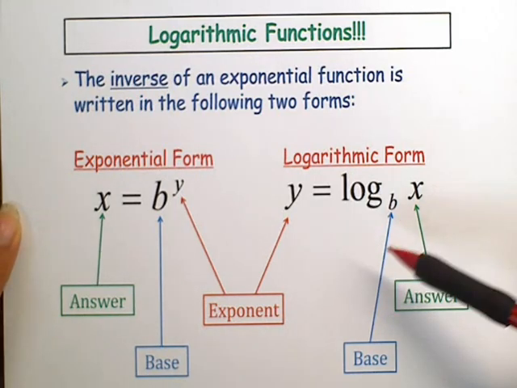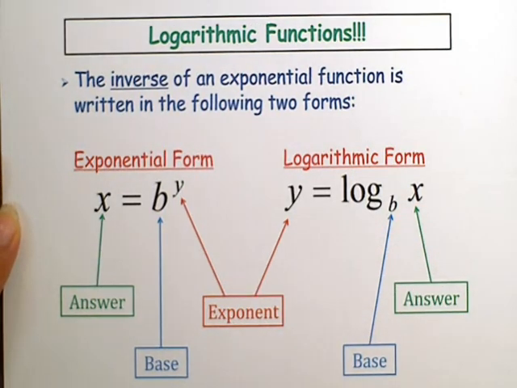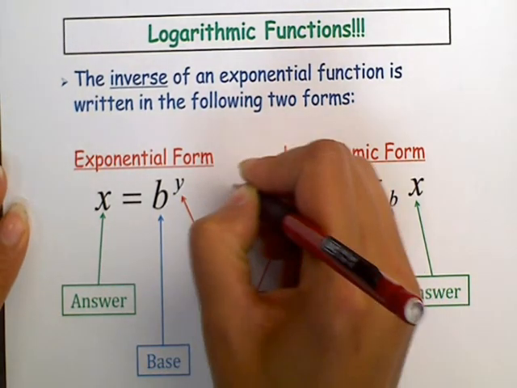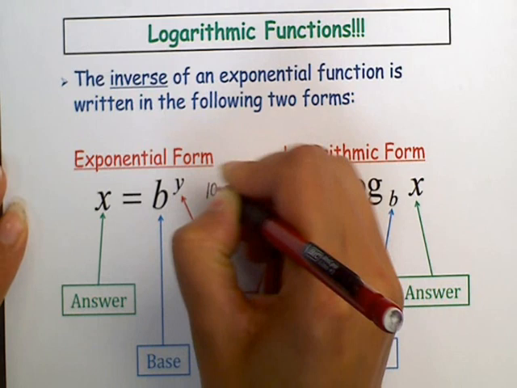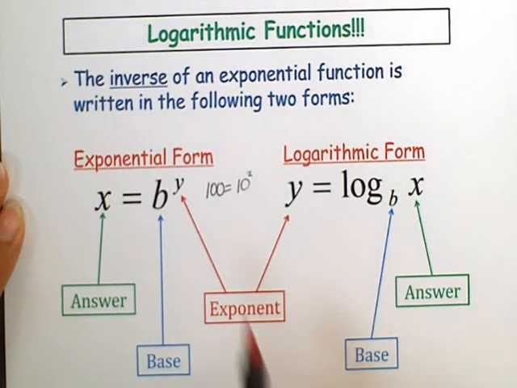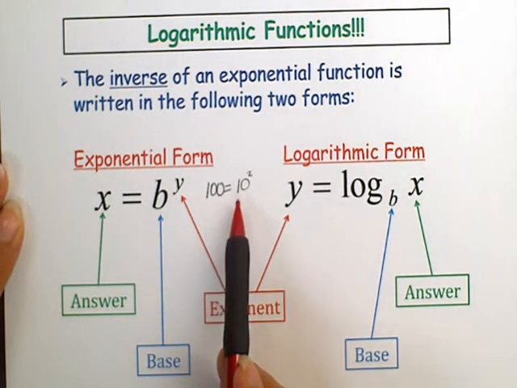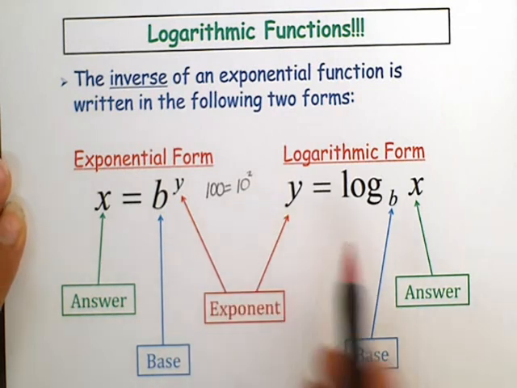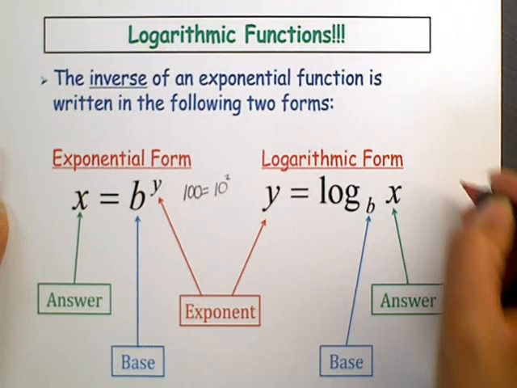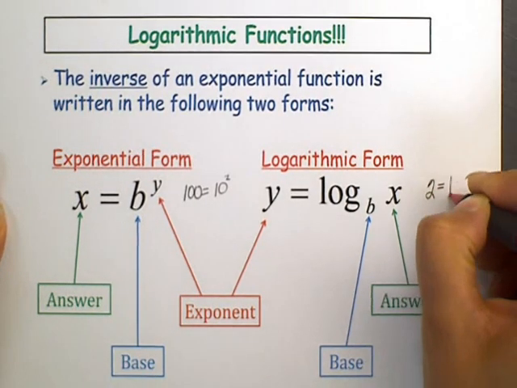So for example, if I had, let's say, 10 to the exponent 2 equals 100. So we know the answer is 100. We know that the base is 10, and we know the exponent is 2. In logarithmic form, what this would look like is 2 equals log base 10 of 100.